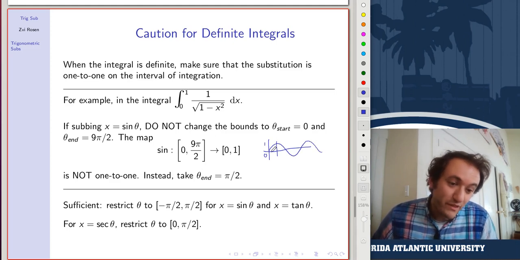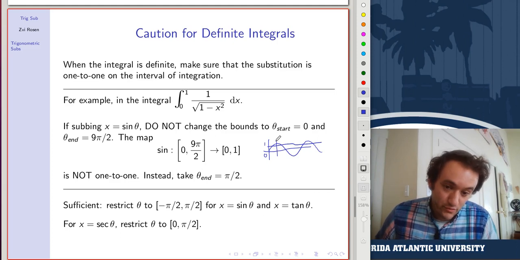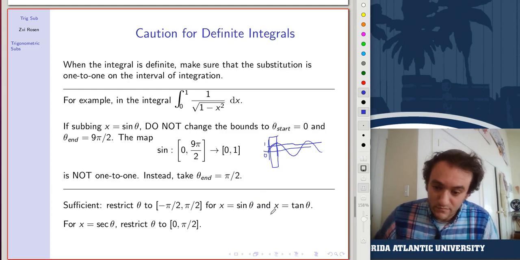So if we're allowing values up to theta equals 9 pi over 2, then you're going to get a lot of values hitting the same value between 0 and 1. So we don't want to allow that. Instead, we just take the last theta to be pi over 2. If we limit ourselves to this range, we're only going to get one value of theta for every value of x, and that's exactly what we want.